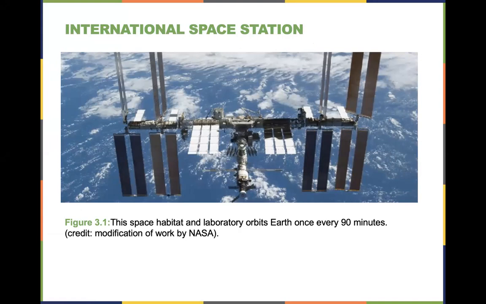Now, this is the International Space Station, which is one of the objects that we have in our orbits. I will not talk about the details of the International Space Station. By the way, there is an app called Spot the Station or something like that that you can download and track where the International Space Station is. Every 90 minutes, it will complete one circle around the Earth.